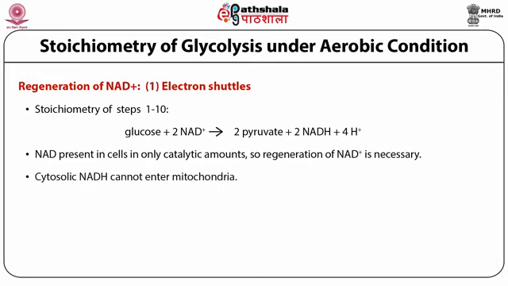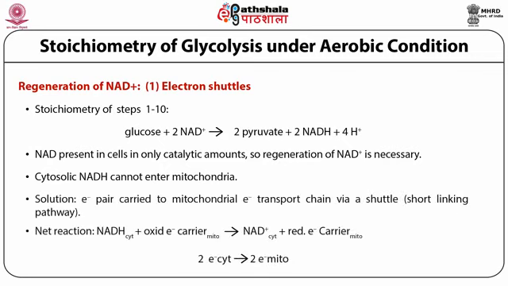NADH, which is present in the cytoplasm, cannot enter the mitochondria, so we require electron shuttles. In the electron shuttle, an electron pair carries NADH to the mitochondrial electron transport chain and releases energy in the form of ATP.